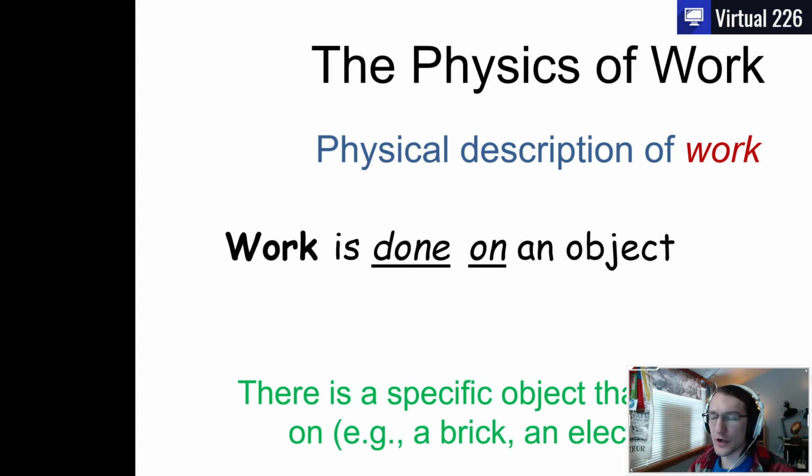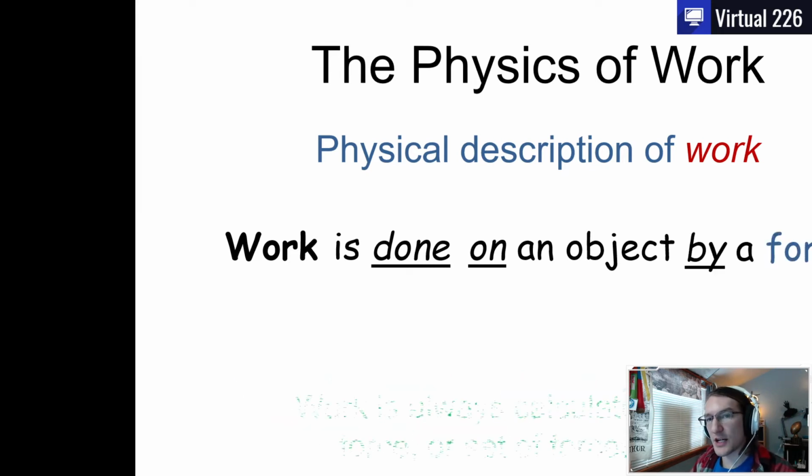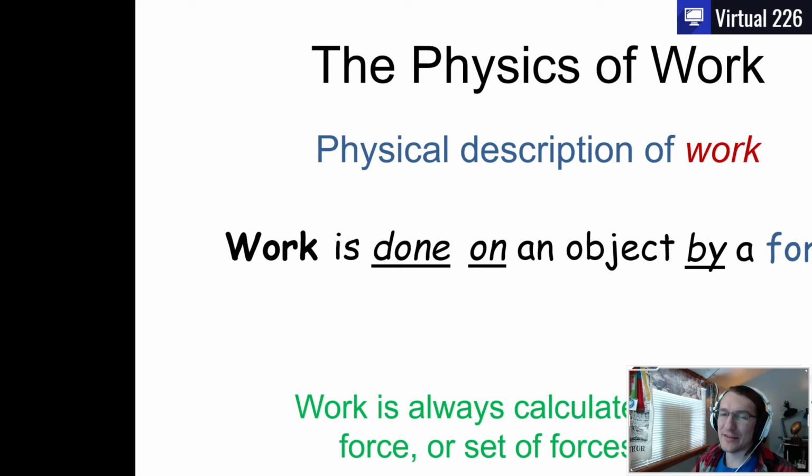So far we have that work is done on an object, and this work is done by a force. So we have to have a force acting on an object in order to do work, okay? We could either do this for one specific force, or we could have a net force, a sum of forces, to look at the net work amount that is done.